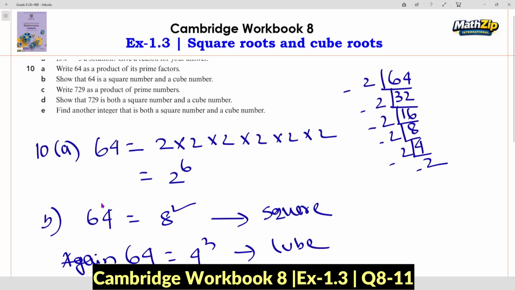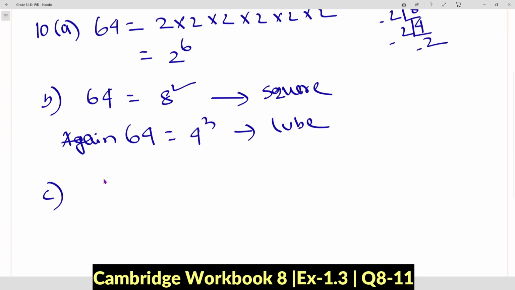10C. Here 729 is both a square and cube number. How? Look, 729, we can divide this by 3, right? So 729, once we divide by 3, we will get 243.